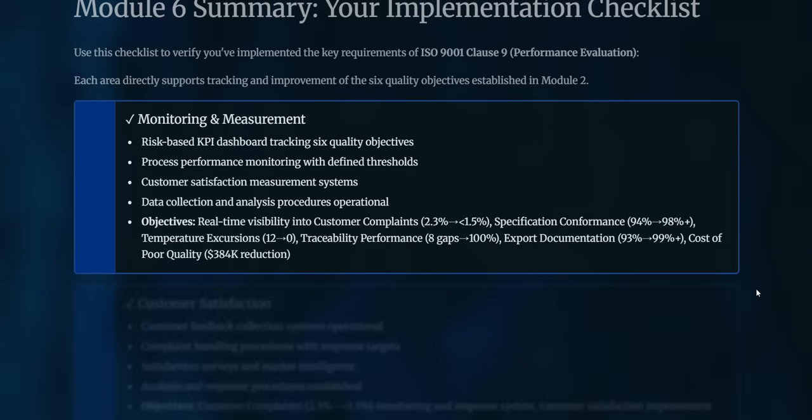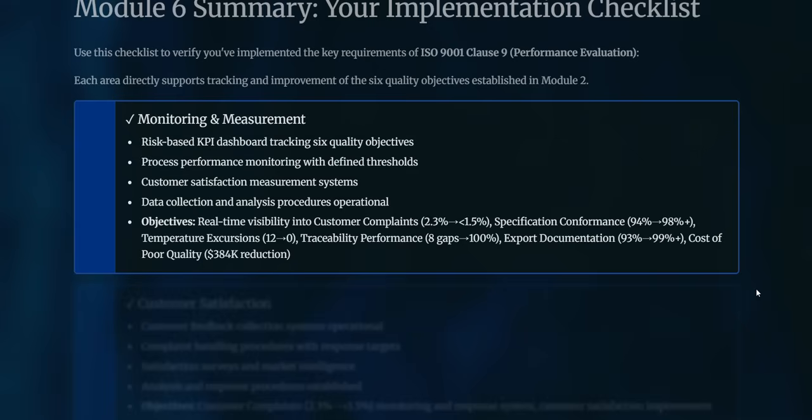Monitoring and measurement must cover a risk-based KPI dashboard, tracking all the quality objectives. Also, it must cover process-focused monitoring with defined thresholds, and a customer satisfaction measurement system.